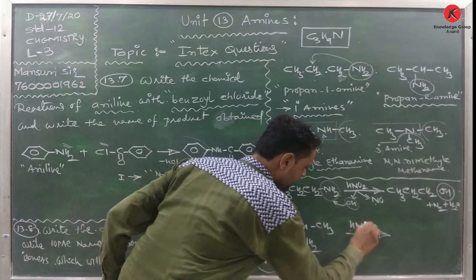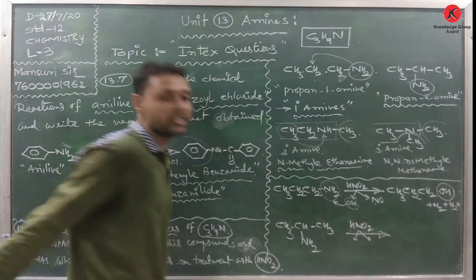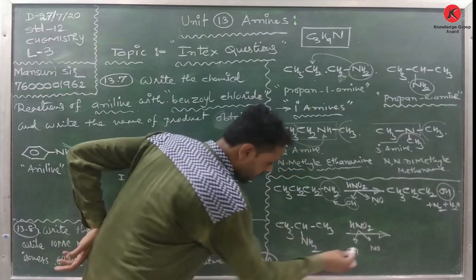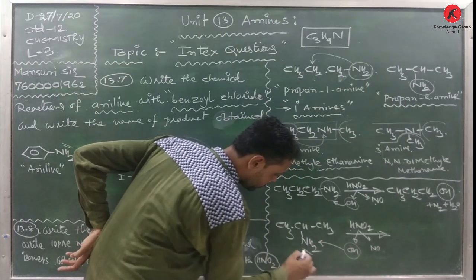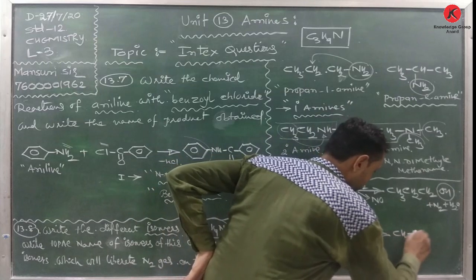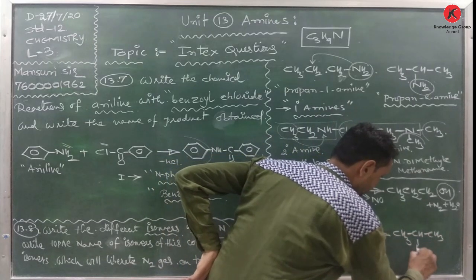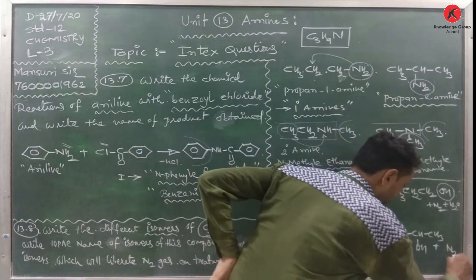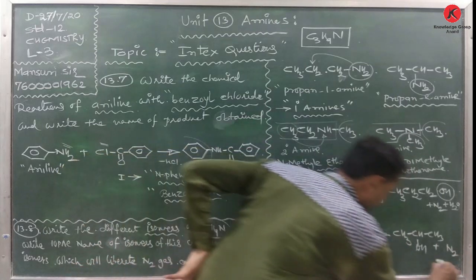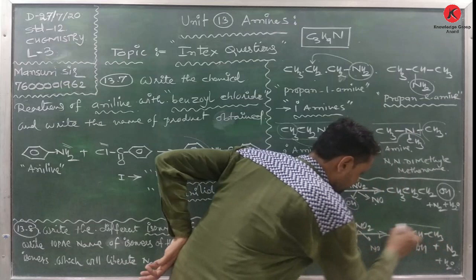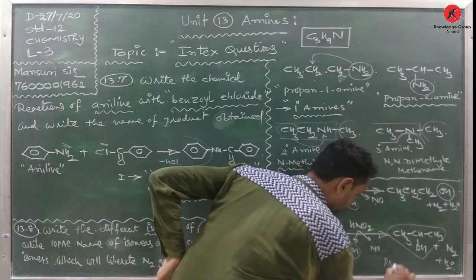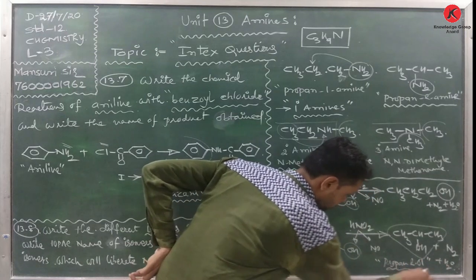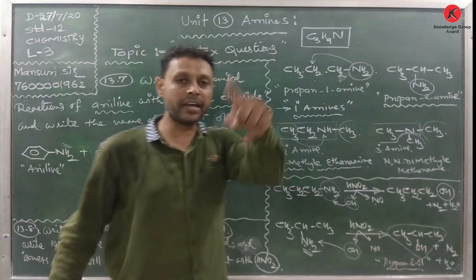Reaction with nitrous acid, which contains 2 parts: one will be OH and the second will be NO. Now OH substitutes this NH2 and forms CH3CH(OH)CH3 plus N2 and H2O. So this is my propane 2-ol.